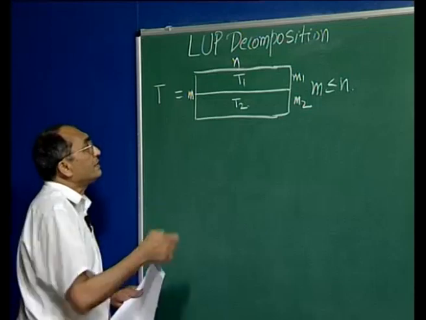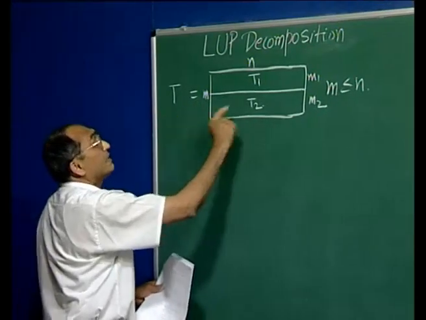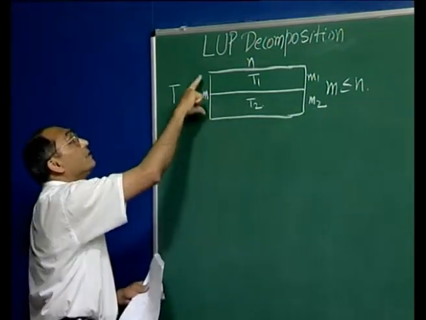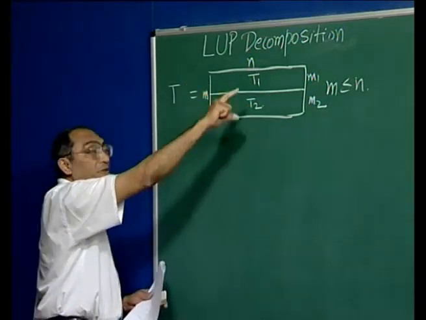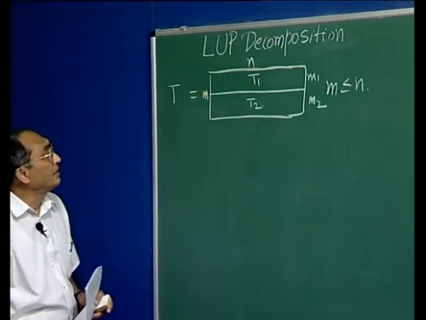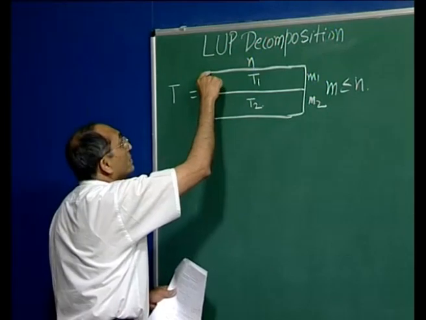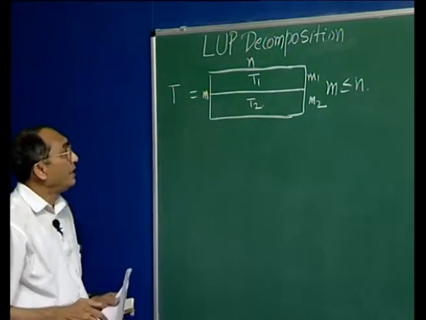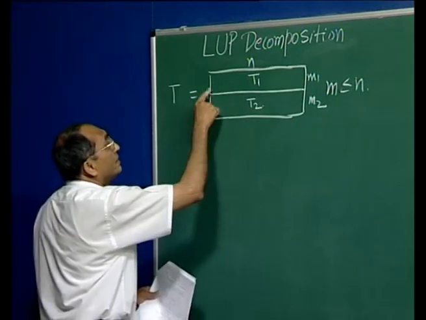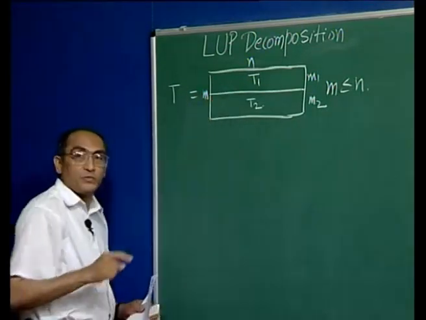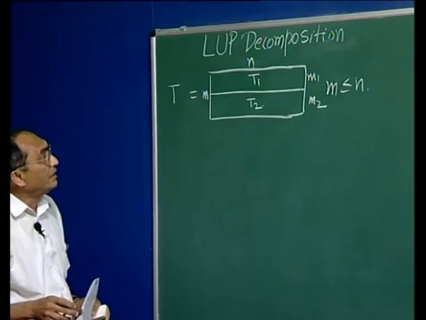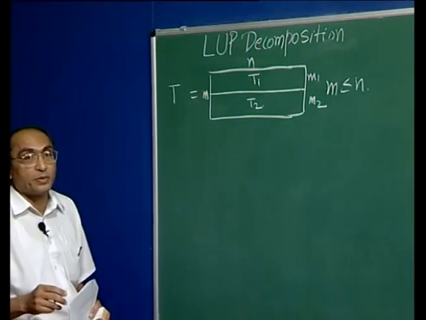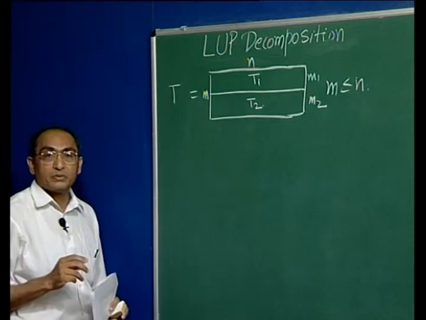Now, notice that since m is less than or equal to n, the full rank meant all the row vectors are linearly independent. As a result, the row vectors in T1 are linearly independent and so are in T2. Hence, T1 and T2 themselves are also full rank, and we are in a position to perform LUP decomposition on them.